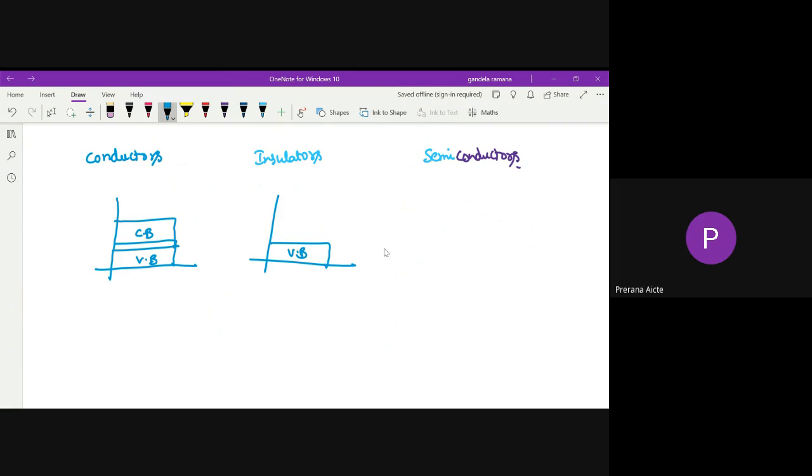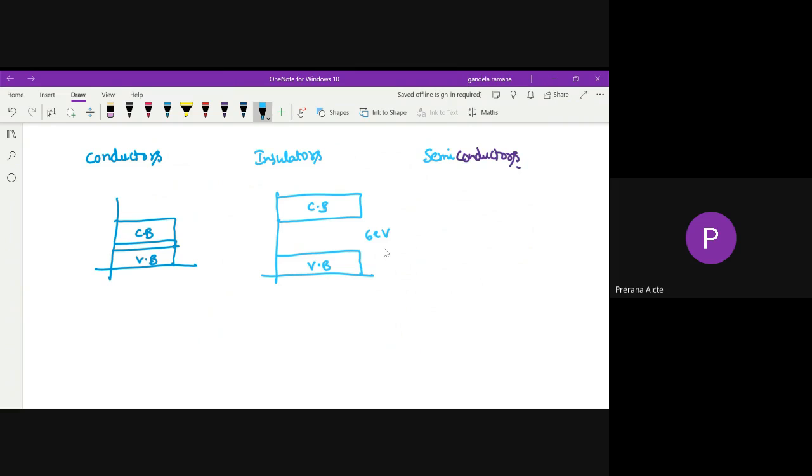So this is the valency band, and this one is the conduction band. In between, it consists of 6 electron volts.